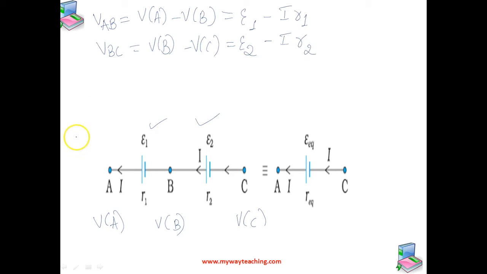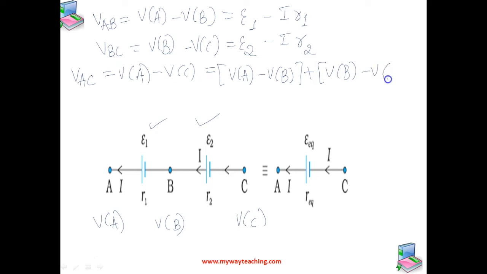So potential difference between the terminals A and C of the combination, if you take, that is VAC is equal to V of A minus V of C, which is given by V of A minus V of B plus V of B minus V of C. Okay, so if you do this, we'll get epsilon 1 plus epsilon 2 minus I into R1 plus R2.